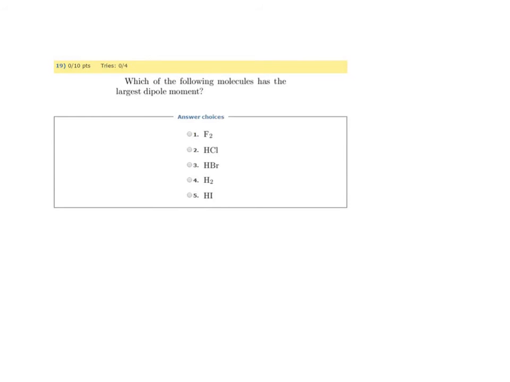Which of the following would have the largest dipole moment? So here you're looking for the one that would have the greatest difference in electronegativity. Since H2 and F2 are the same atoms bonded together, it can't be either of those. So now we're looking at comparing HCl, HBr, and HI.